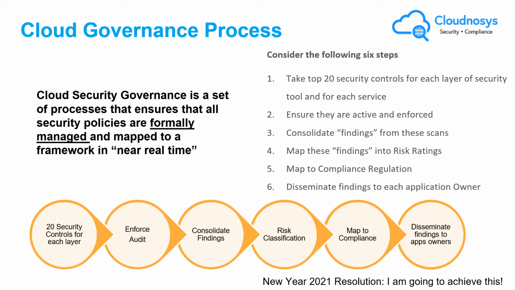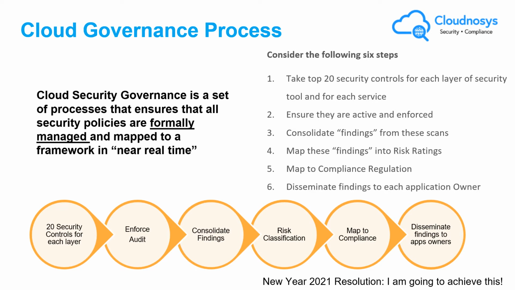The third one is, if it's active and enforced, then it's going to create findings, because you'll be running scans and scripts, and it's going to generate findings. You need to consolidate these findings from these scans. And the consolidation is not just for that S3 bucket, but also, say you're running an EC2 compute instance and you want to know the state of that VM.